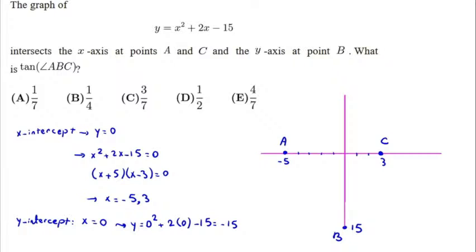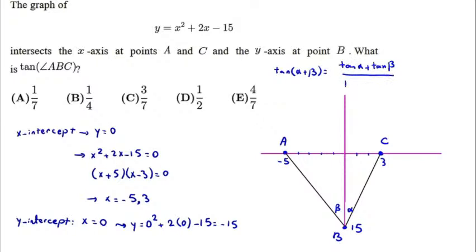And we want to find tangent of angle ABC. So if I consider this part alpha, this part beta, we want to find tangent of alpha plus beta. And it has a formula. It will be tangent alpha plus tangent beta over 1 minus tangent alpha tangent beta.